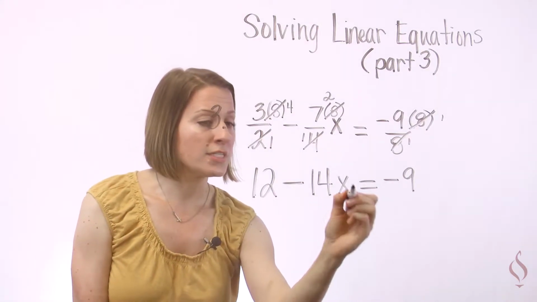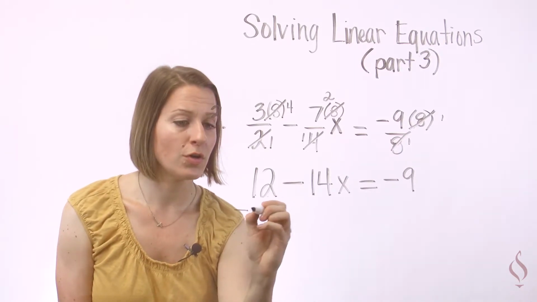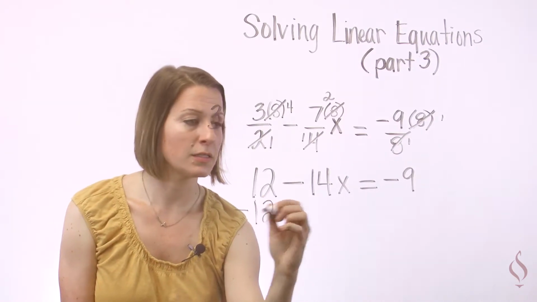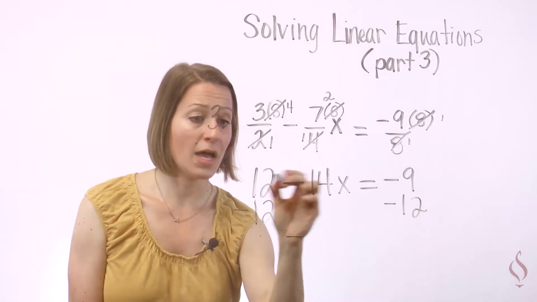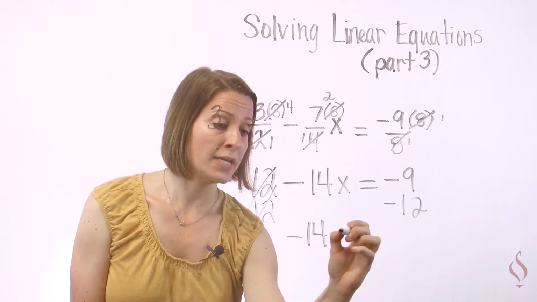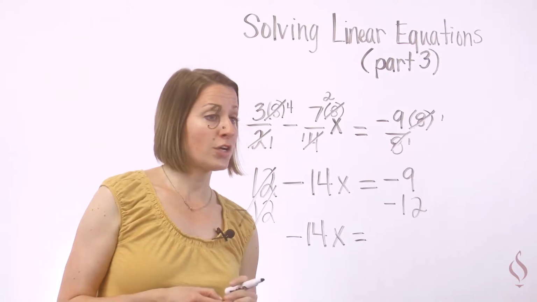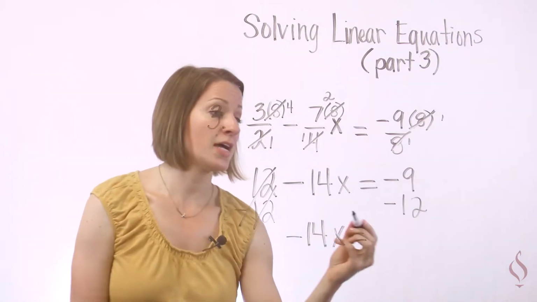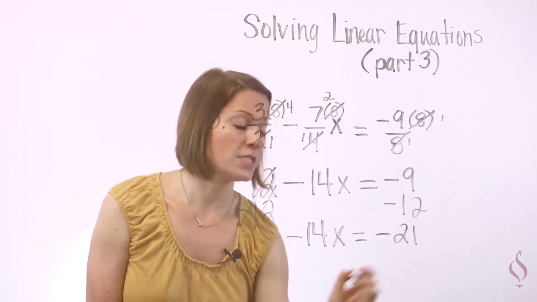All right, we're going to solve for x, so we need to move this 12 over. We are going to subtract 12 from both sides. 12 take away 12 has zeroed out, leaving negative 14x. And then over here, we're going to do negative 9 minus 12, which is negative 21.